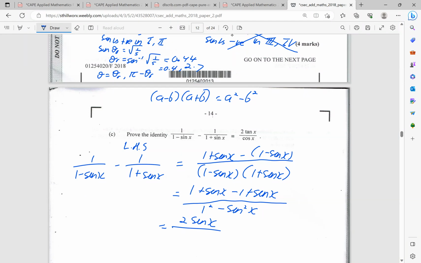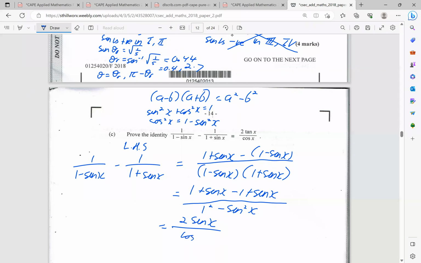1 minus sine squared x is, so I know sine squared x plus cos squared x is 1. So cos squared x is 1 minus sine squared x.